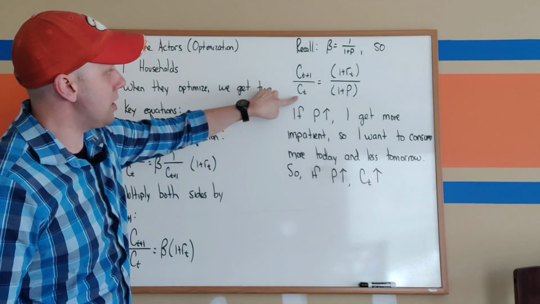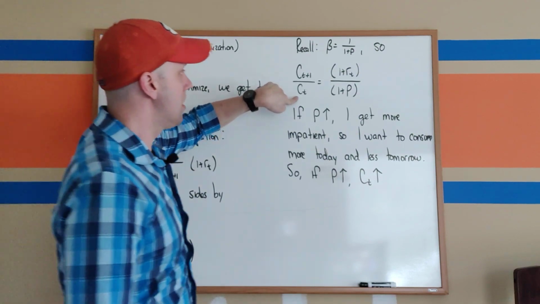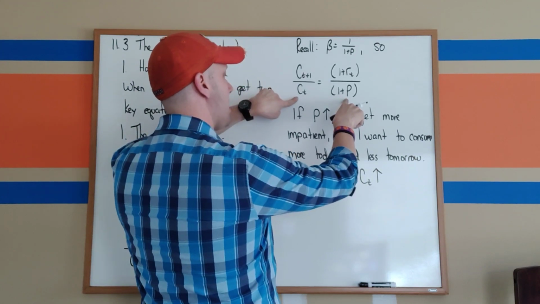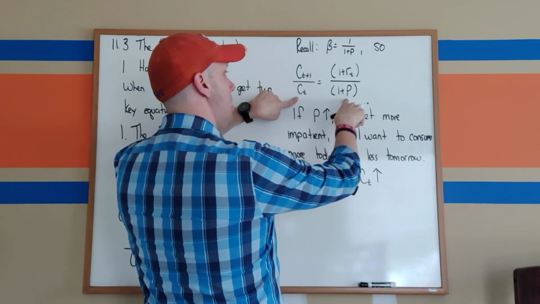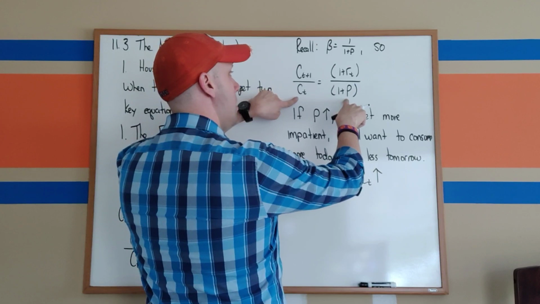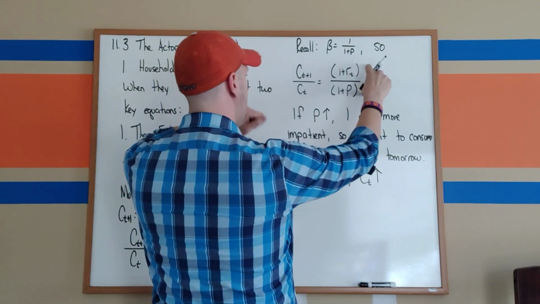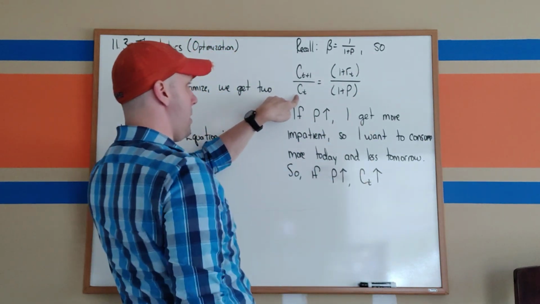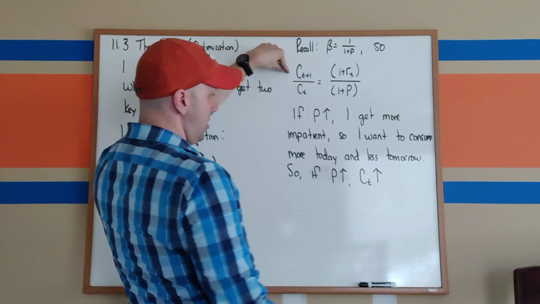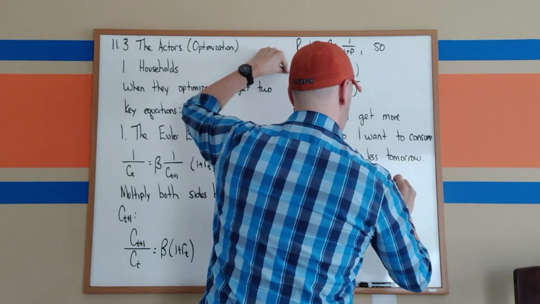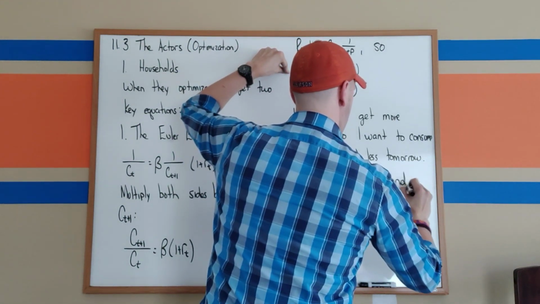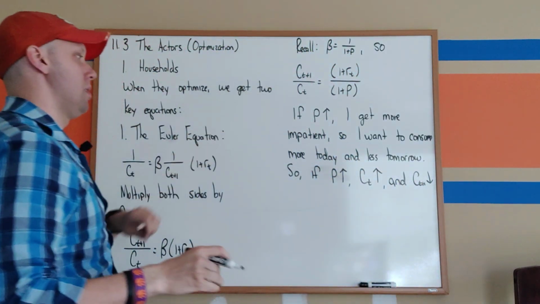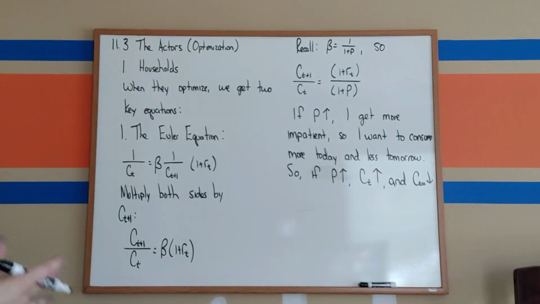So if consumption increases because rho increased, all right, remember if the denominator gets bigger, then this whole thing is going to get smaller, which means this is going to get bigger, and then this CT plus 1 is going to drop. So I want to consume more today and less tomorrow.